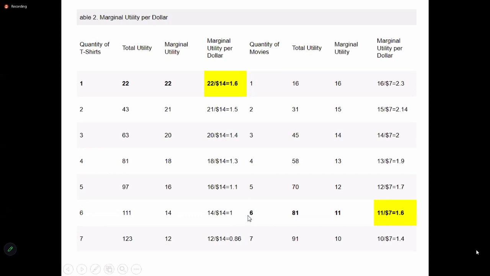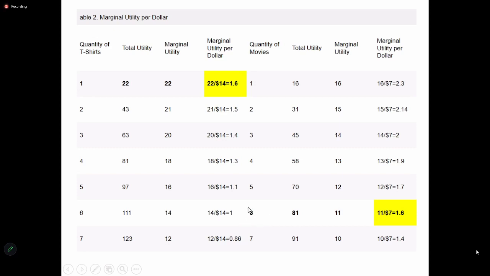Then 6 movies. Calculate the cost here. The cost of one movie is $7.